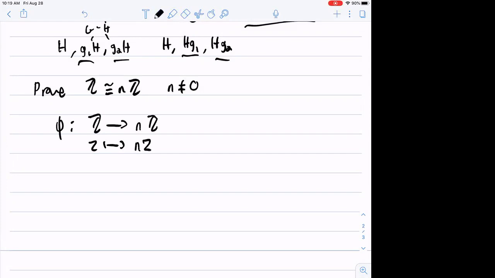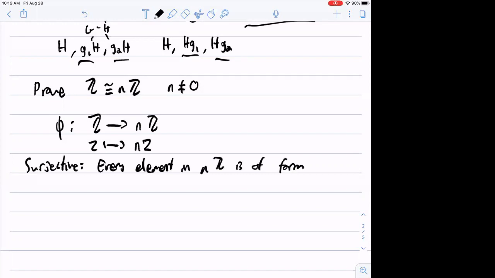That's why it's the first problem in the book, because it's super easy. So it's surjective, because every element in nZ is of the form n times z1 for some z1 in Z. Then the element z1 maps to it. So surjectivity is easy.